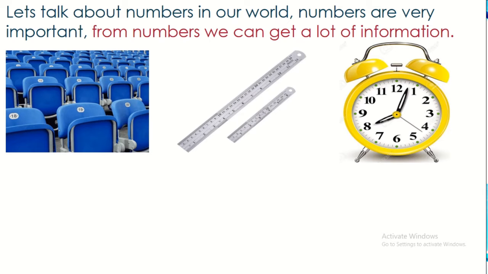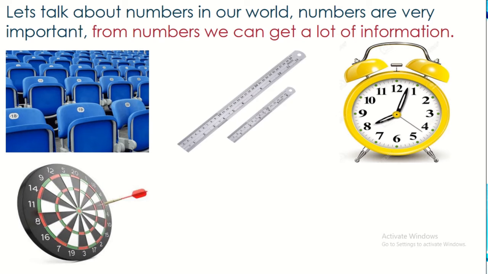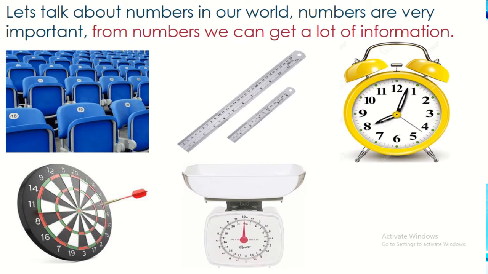Now, look at this picture. What is this? This picture shows a dart disc. When you play darts, you can know your score from the numbers on it. Okay, now, what does this picture represent? It is a balance. From the numbers on this balance, we can get the weight of whatever you want to measure. Look at the last picture.